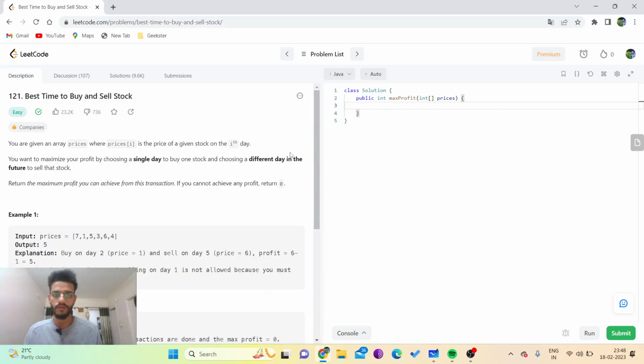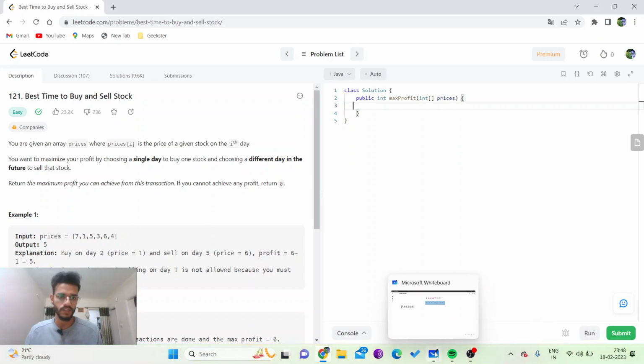When we are selling at 30,000, that day we are making more profit, so that is what we have to return. So our goal will be to minimize the purchase cost and maximize the selling cost.